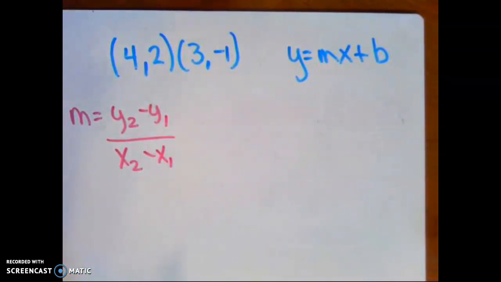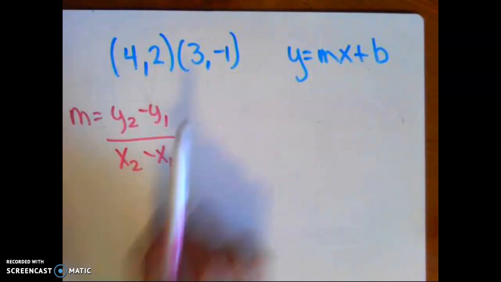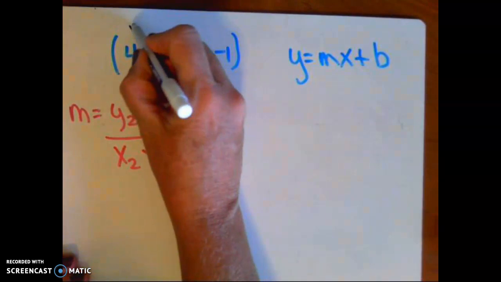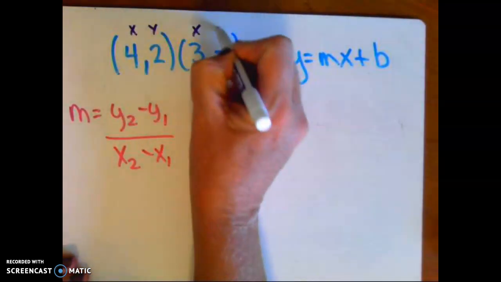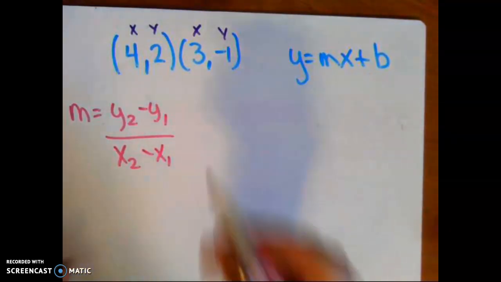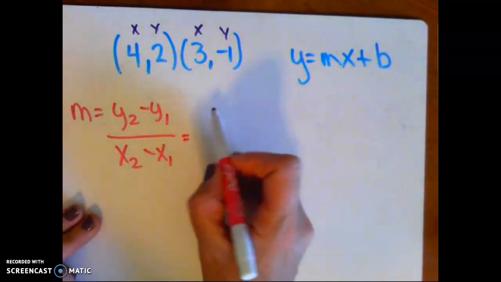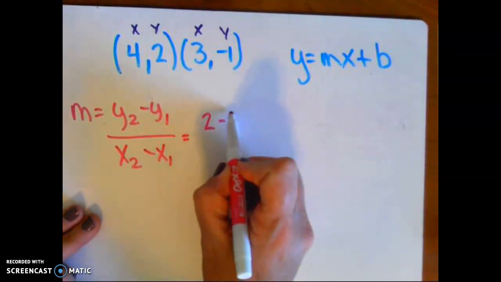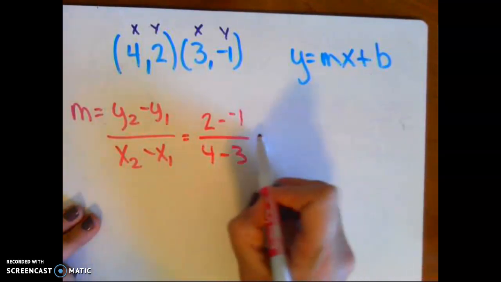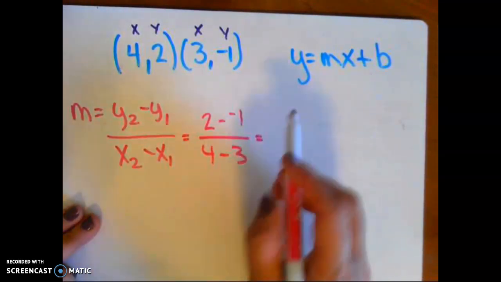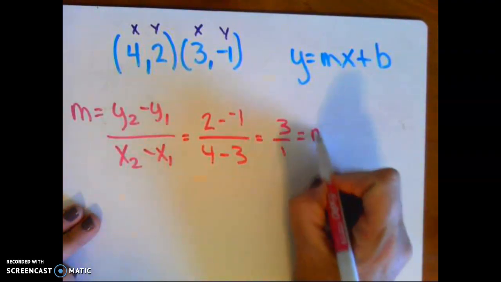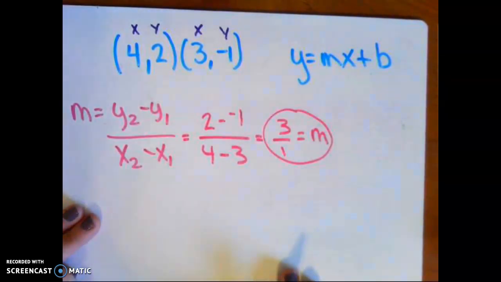For anybody who typically messes up their x and y, like I've been telling you before, a helpful hint is to just put the x and y above the coordinates that we are looking at. So let's go ahead and start this. I'm going to have 2 minus -1 over 4 minus 3. And when I complete this work, I am looking at 3 over 1. So my slope, we just figured out, is 3 over 1.